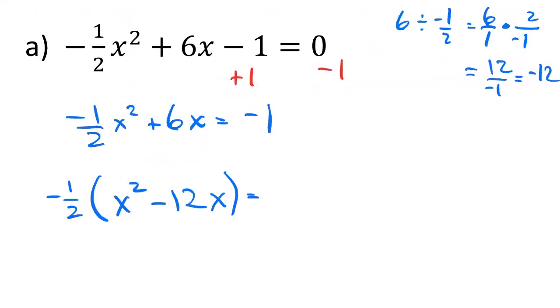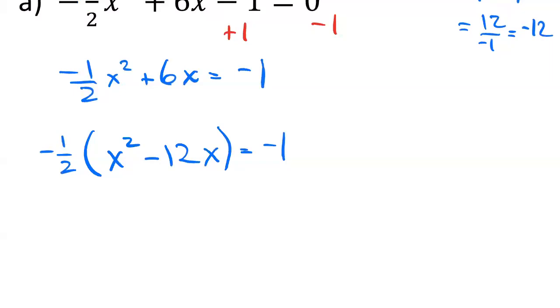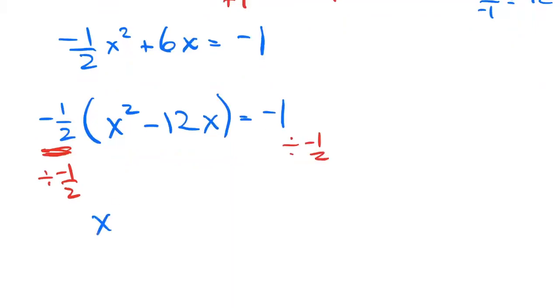x equals negative 1. Now we need to get rid of this negative 1 over 2, so we're going to divide by negative 1 over 2. Dividing this side by negative 1 over 2, we get x squared minus 12x is equal to, again, negative 1 divided by negative 1 over 2, it's negative 1 over 1 times 2 over negative 1.